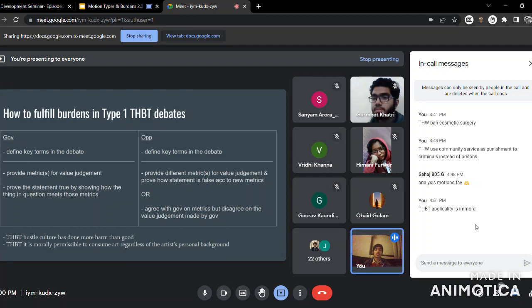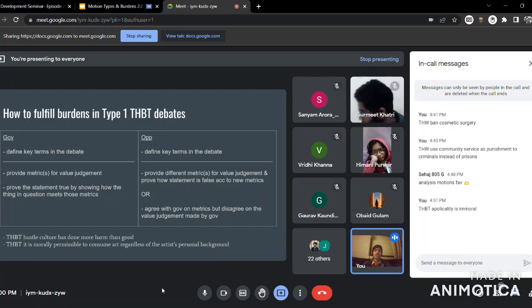Possibly good policies don't get passed because they don't get the majority from the public. So you not expressing your political opinion leads to harm to this other group, and this fulfills and meets that metric, and therefore we think that this thing is immoral. This is just an example of how you can go as gov in this motion.